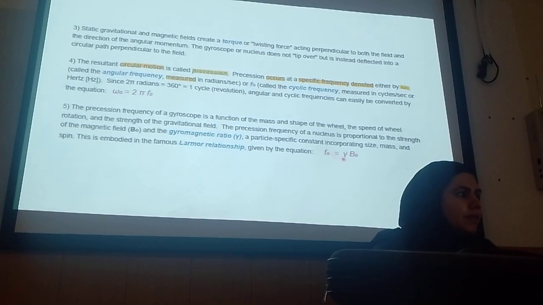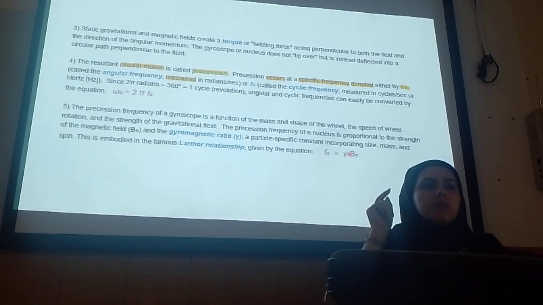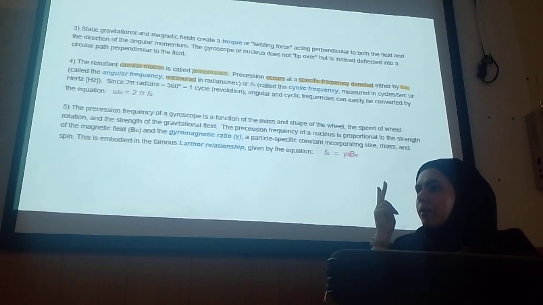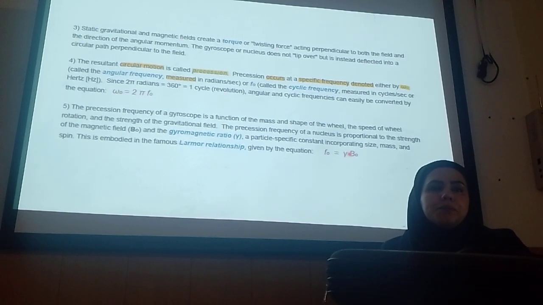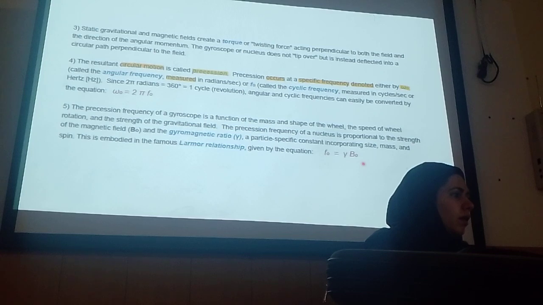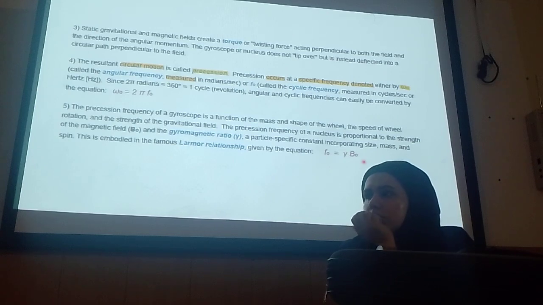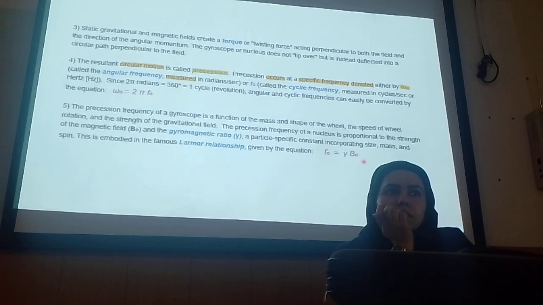F equals gyromagnetic ratio multiplied by B0. Two important parameters contribute to the precession frequency.